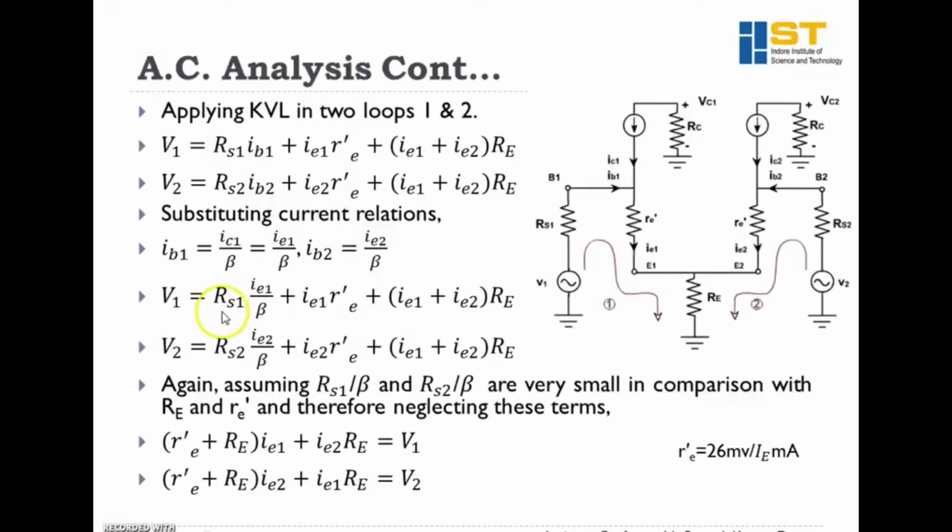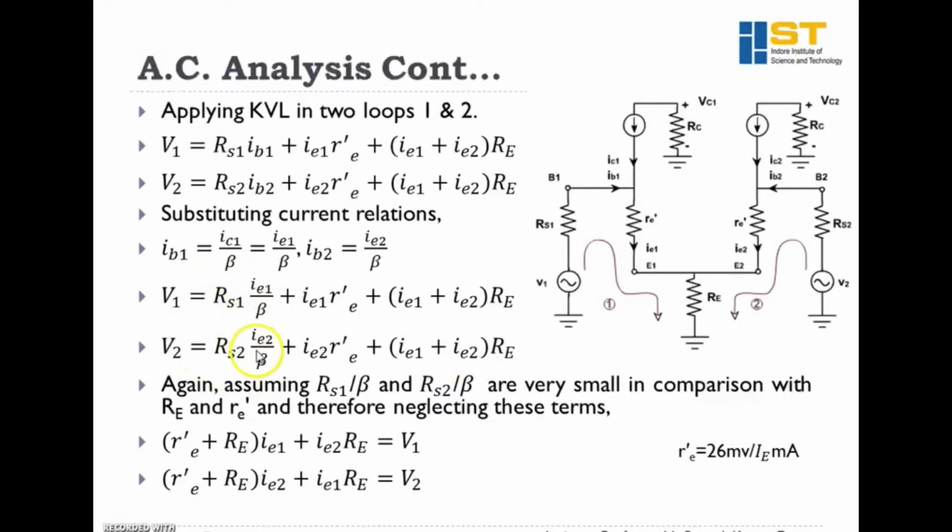Now, as RS1 and RS2 are the source resistances and these values are very small, RS1 upon beta and RS2 upon beta are very small compared to RE dash times I2 and RE times (I1 plus I2). So we can remove these values.